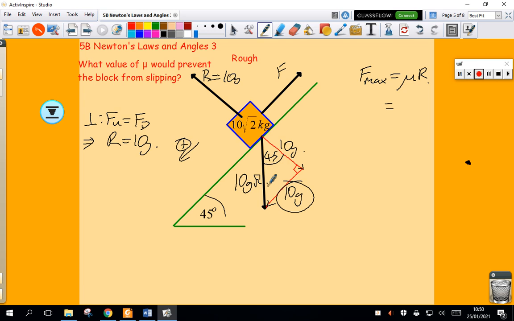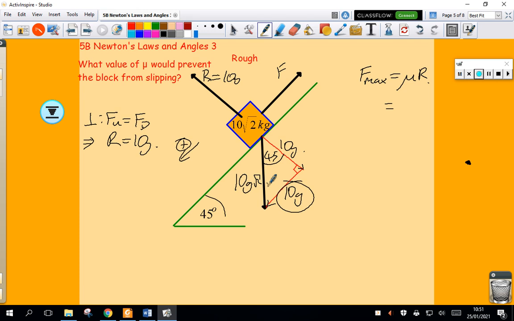So in order to prevent slippage here, friction would have to be able to match that, which would mean there's no net force. So the maximum friction would have to be 10g.